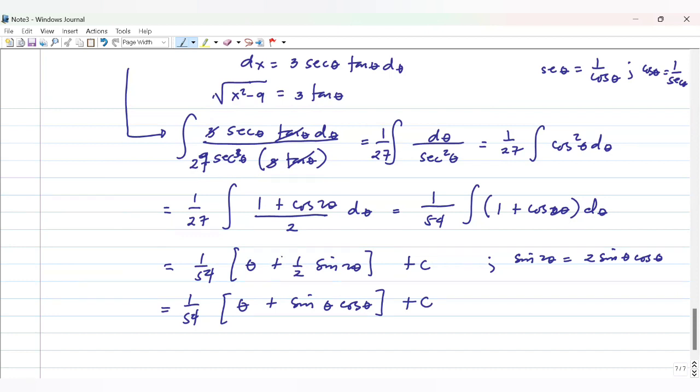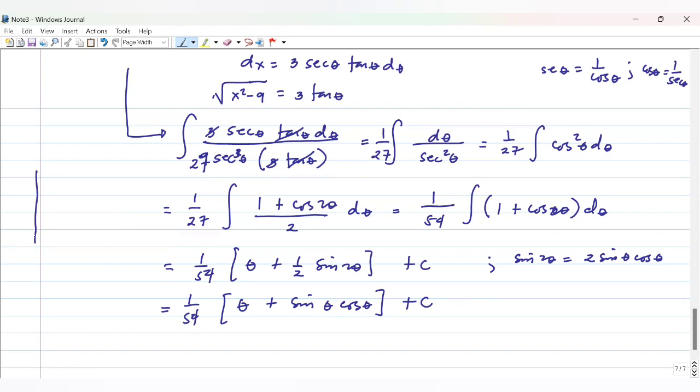But notice, our given is in algebraic form, and the answer that we arrived at is in the form of a trigonometric function.